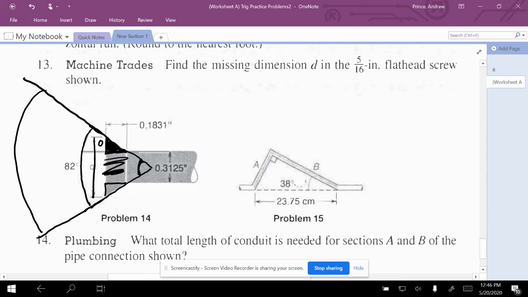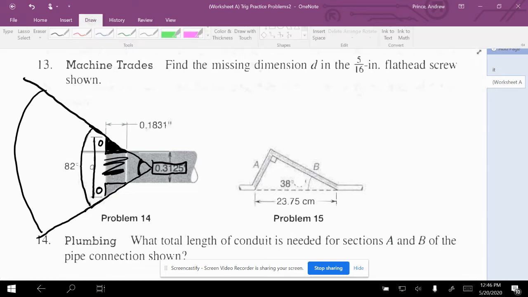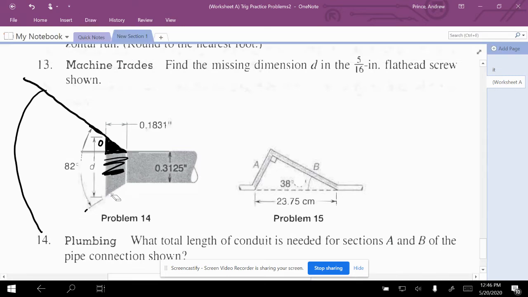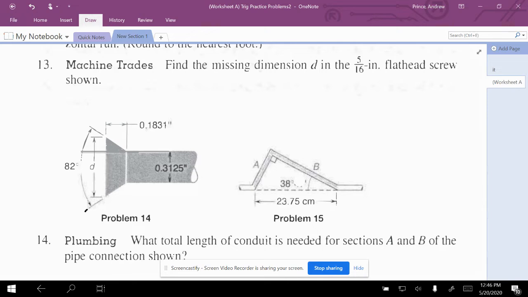So if we find that and that down here, both those, we can then add in this 0.3125 dimension. So let's backtrack to the beginning of the problem and kind of look at where we're going to start with that explanation first. So if I have this right triangle right here, and I know that from this line here, half of that original angle, 82, because I'm only looking at one of the right triangles, is going to be right here, is going to be 41 degrees.